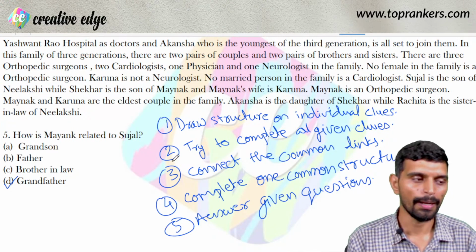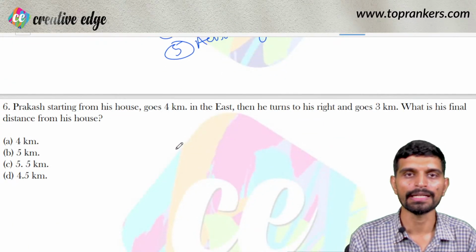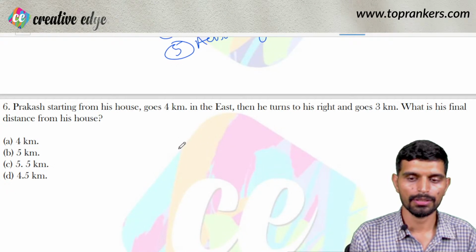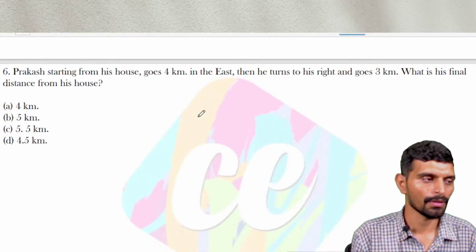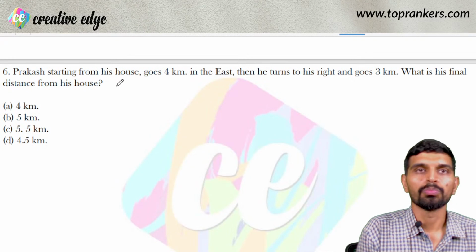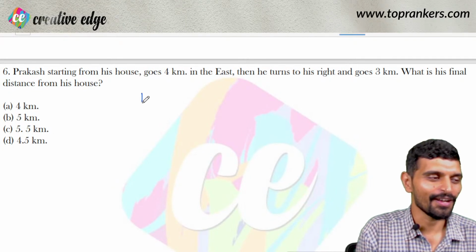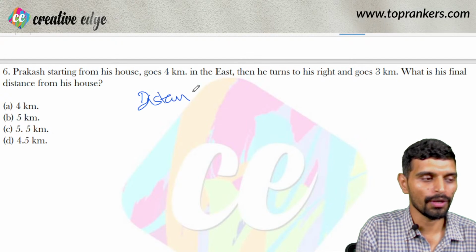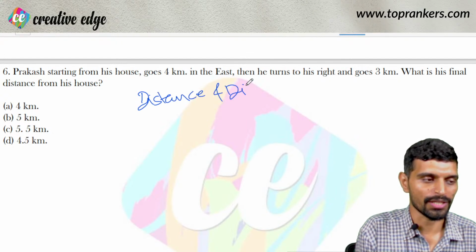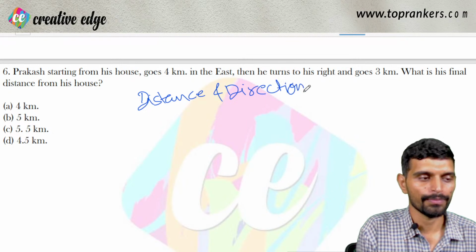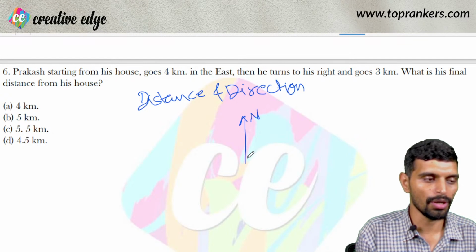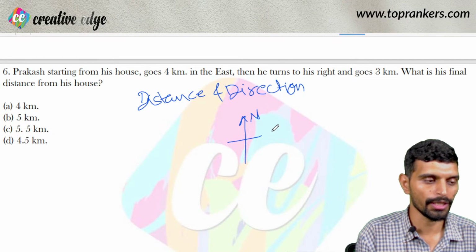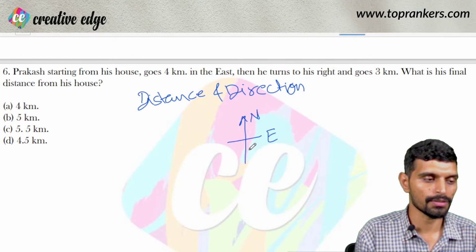So let's move towards the second part, that is distance and direction, because these are also the questions that are being asked in NATA. Now let's see how we should approach distance and direction questions. The very first thing you should do is draw directions. That is, you should draw where you are considering north, then you move clockwise from the north.